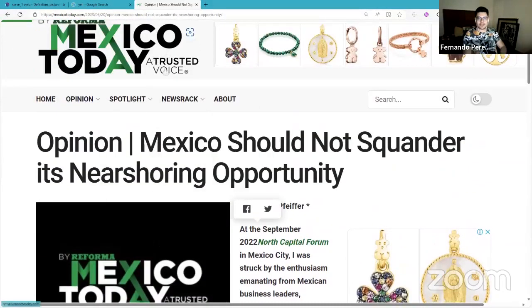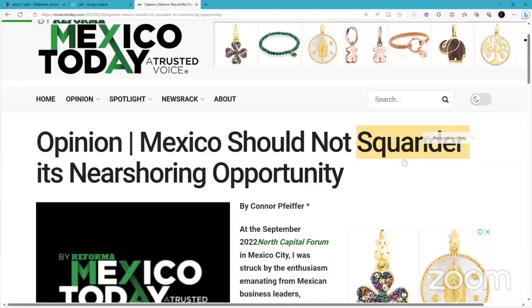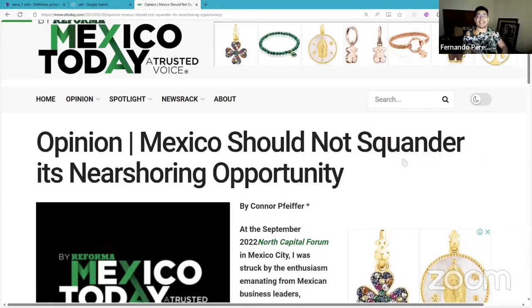I opened this article, for example, because the title says Mexico should not squander. Squander is like hesitate. Do you know the word hesitate? No, teacher. Do you know the word weaken? That's a verb from the adjective weak, the opposite of strong.